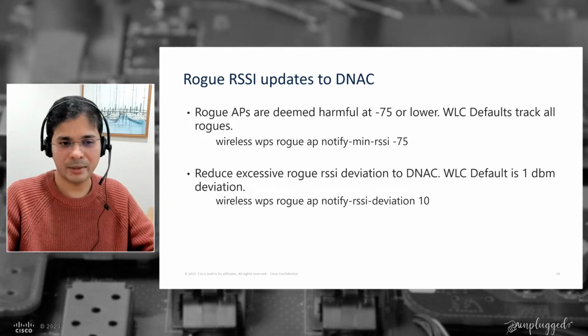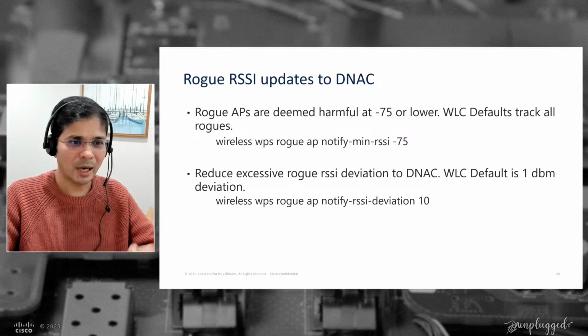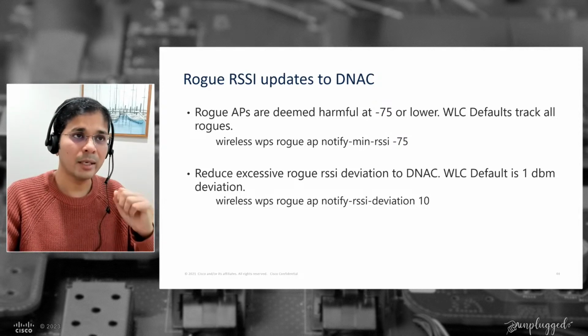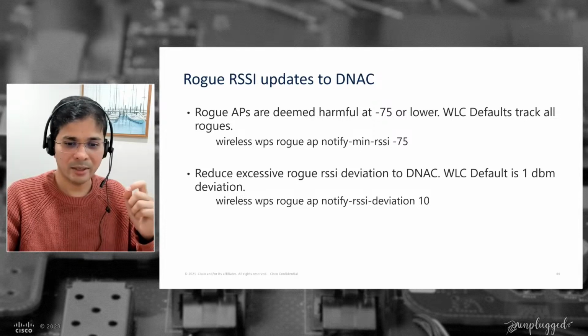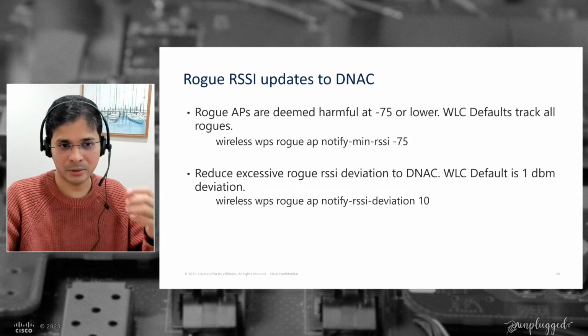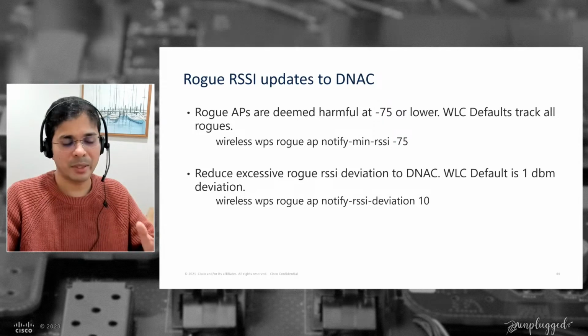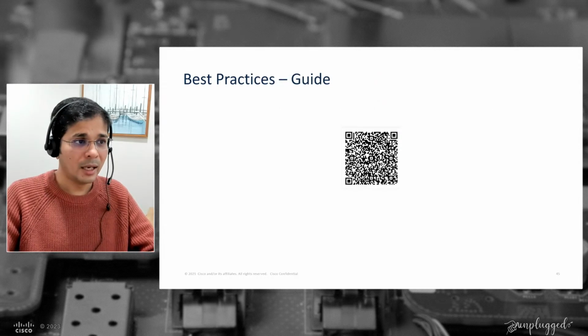Maybe you could do -80 or -85, right? But the RSSI deviation is something really important. I always try to see the rogues change RSSI. If on every poll they change by 1 or 2 dB, that will trigger the updates to go out. So it's always better to add this in your configurations.